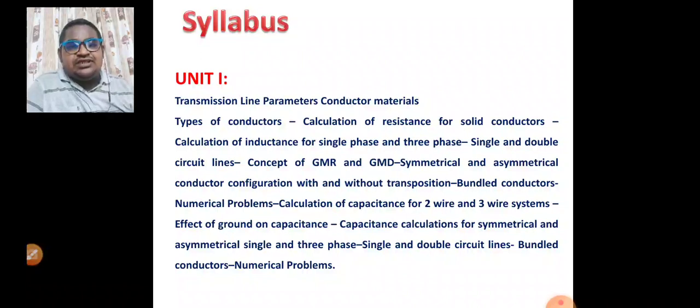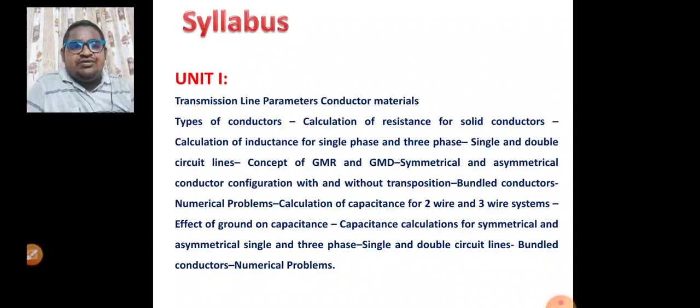Okay, now you see types of conductors, calculation of resistance for solid conductors, calculation of conductance, calculation of inductance for single phase and three phase, single and double circuit lines, concept of GMR and GMD, geometrical mean radius and geometrical mean diameter, symmetrical and asymmetrical conductor configurations.